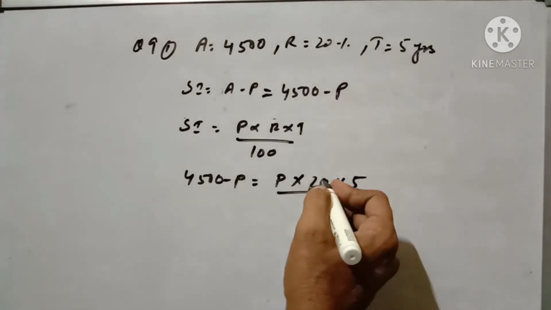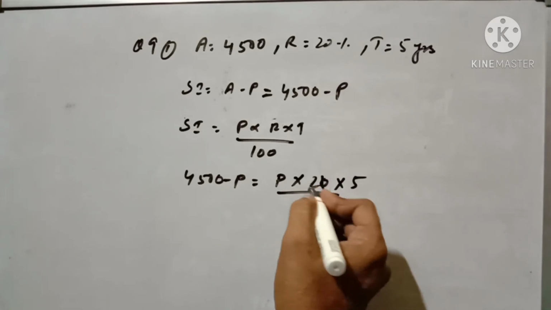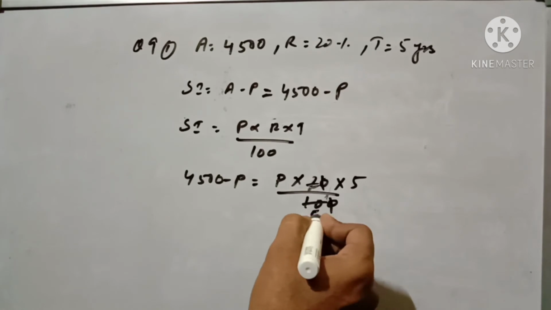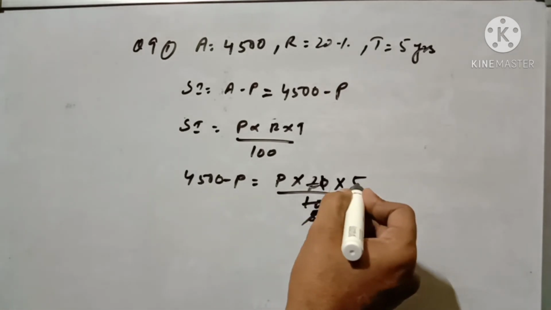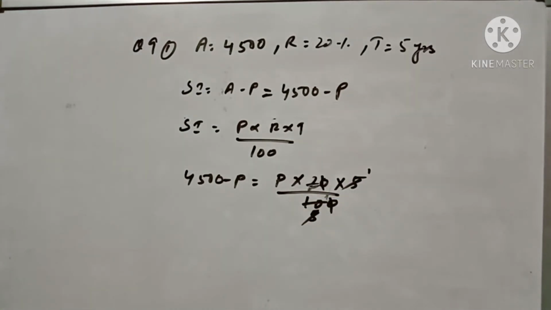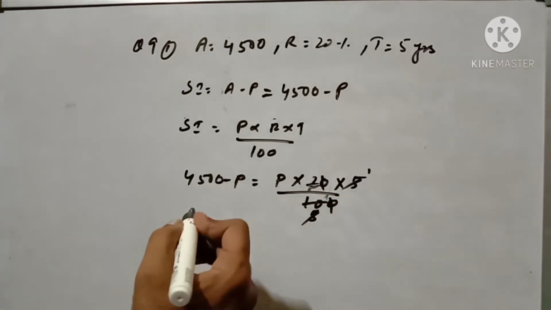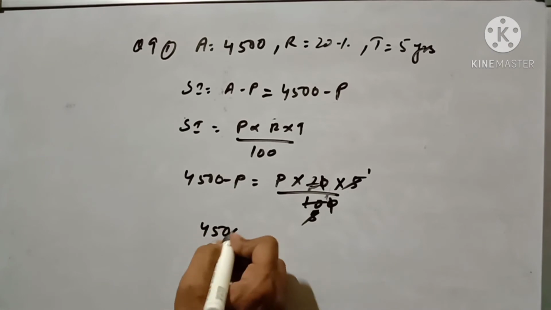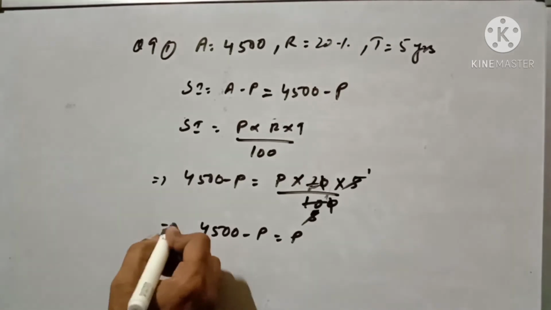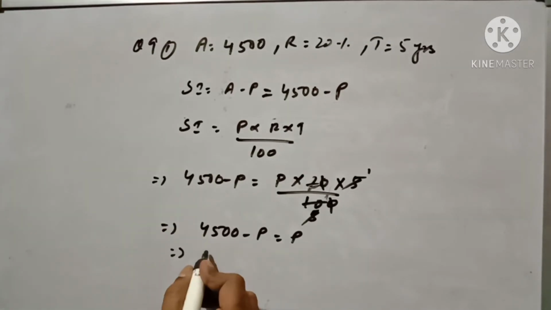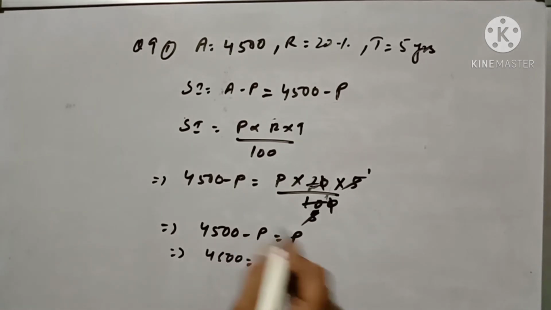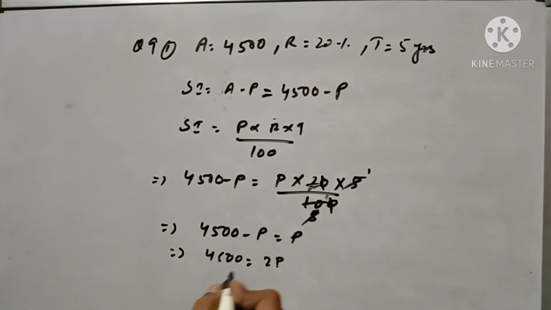So I can remove this part. So this will be 5. You can do the cross multiply, but it will take time. So it will be 1. So I can write 4500 minus P equal to P. This implies that 4500 equal to P, take this minus this one, it will be plus 2P.